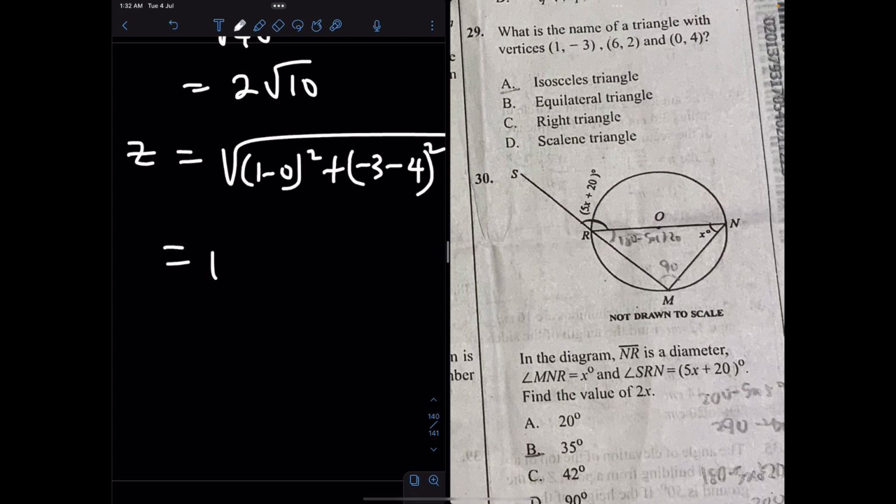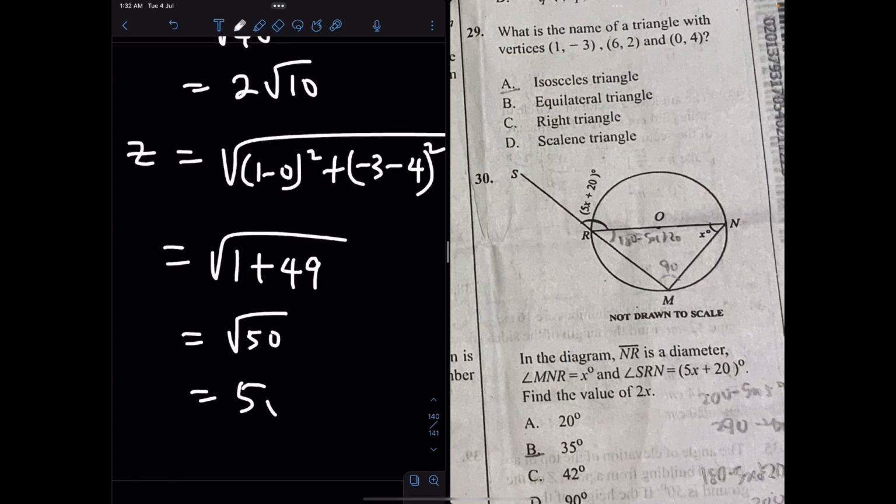And that's equal to the square root of 1 minus 0, which is 1. 1 squared is 1, plus minus 3 minus 4 is minus 7. Minus 7 squared is 49. And that's the square root of 50, which is also equal to 5 root 2.